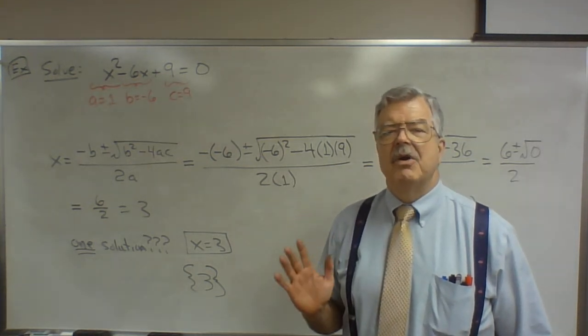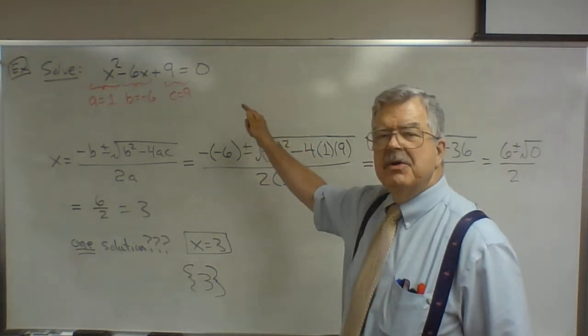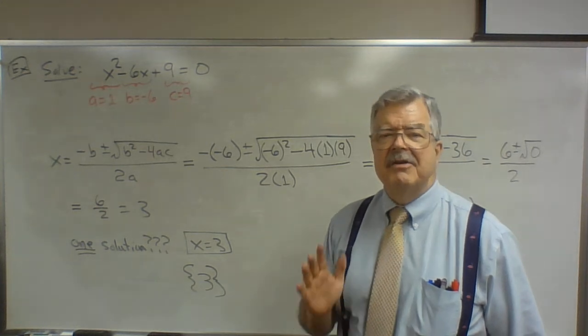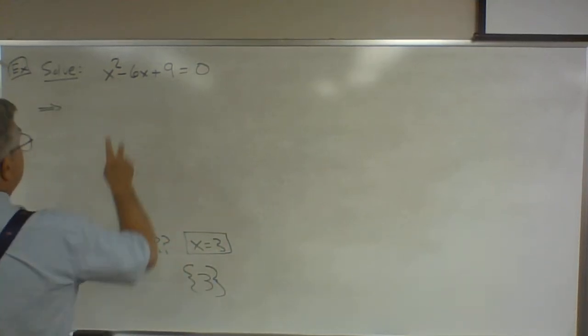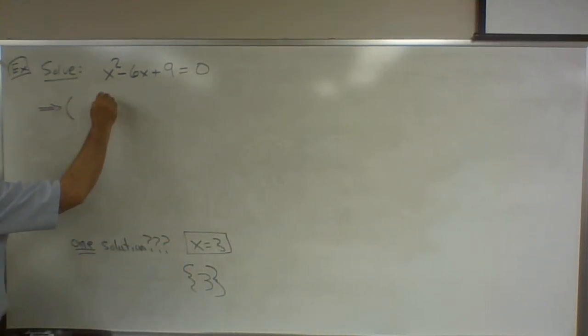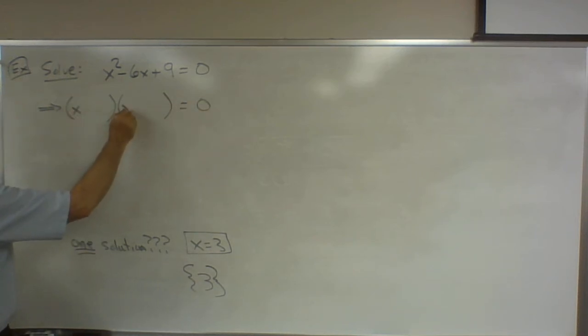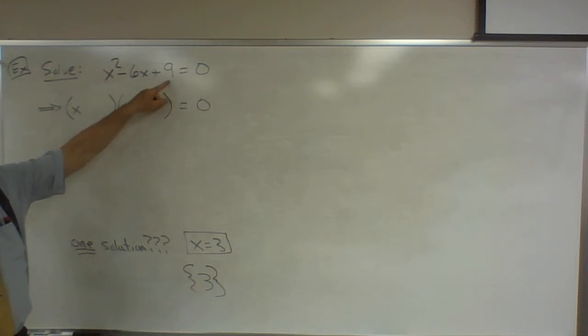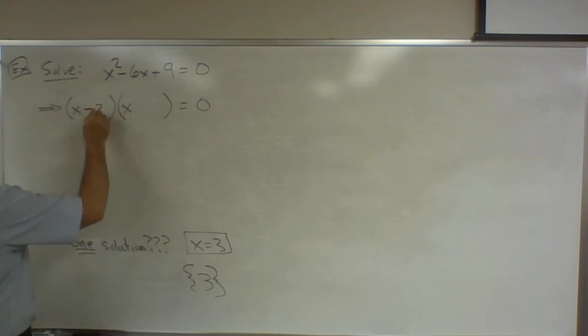And to show why we only get one solution, let's take this same equation and solve it by factoring. If we factor this, we're going to get x here and x here. And we factor 9, and we're either going to get 1 and 9 or 3 and 3. What happens if we get 3 and 3?